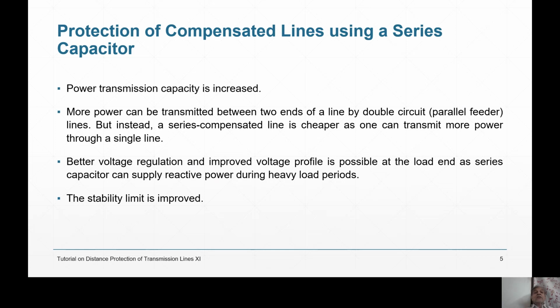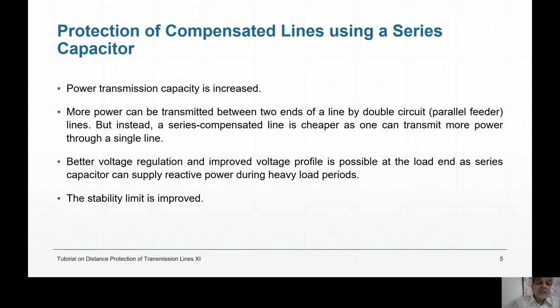Another thing, the series capacitor supplies reactive power, so the reactive power requirement from the generator is reduced. The stability limit of the transmission system network is improved. So these are all the advantages of the series capacitor that you use in the system.